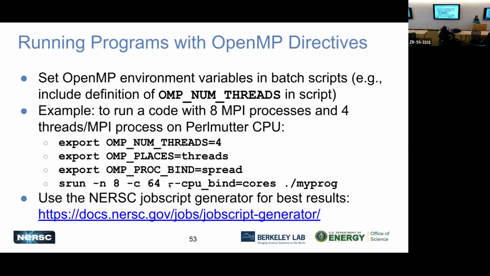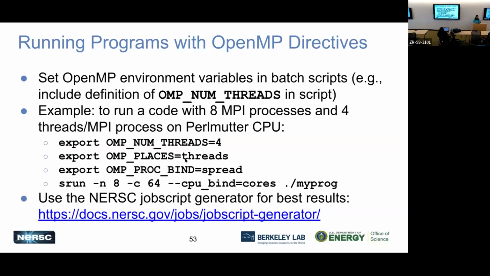Then with 8 MPI tasks, you're still having lots of CPUs available that you can use for OpenMP. You can use up to 64 OpenMP threads here in this example. Then we have some default ways of where you want to put your OpenMP threads. It's called OMP_PLACES, and you can set it to threads or cores.